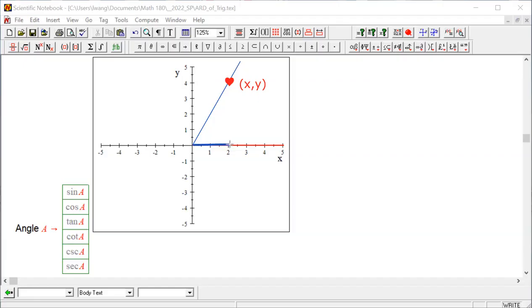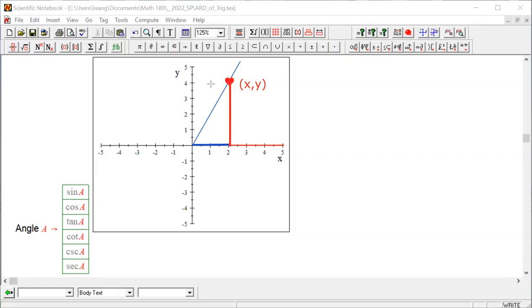This is x. And what is y? Y is the vertical measure, whatever color you use.